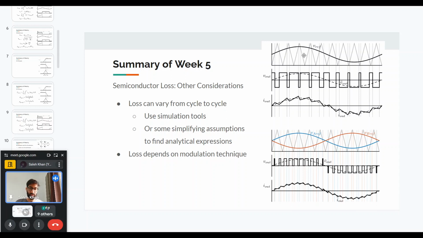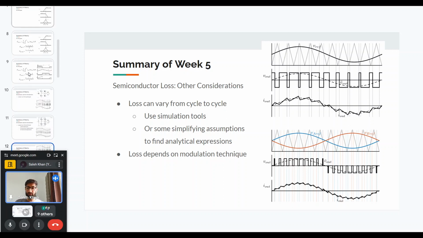For example, here I've shown the bipolar modulation and the unipolar modulation at the bottom, and we can see that the output current is different in these cases. The ripple is less for the unipolar case, and that will lead to different losses as well. Similarly, in three phase, we can have multiple types of modulations like sine PWM, space vector PWM, third harmonic injection, and all of these will have slightly different losses as well based on the modulation technique.